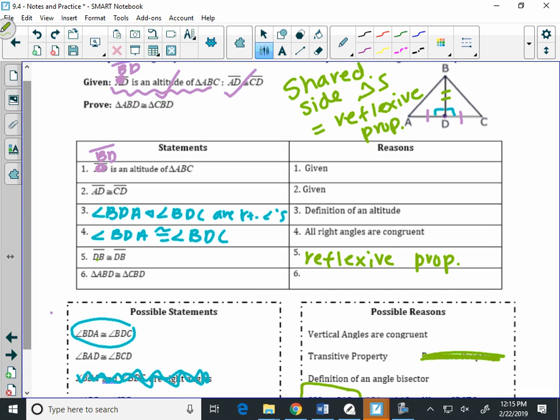We have a side, then an angle, then a side. Side, angle, side. So that's going to be our reason. Questions over that? Nope. I think that's all the notes.